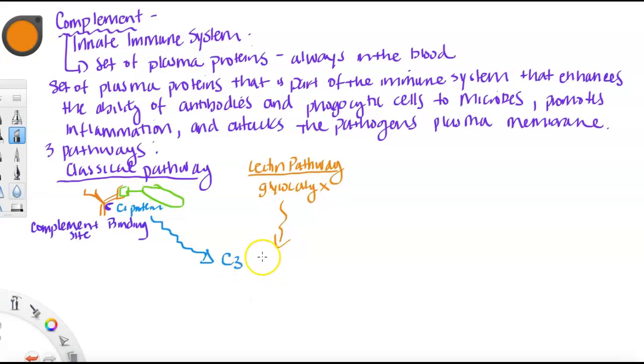So again, it comes down here and goes to the C3. And then the third pathway is the alternate or alternative pathway.